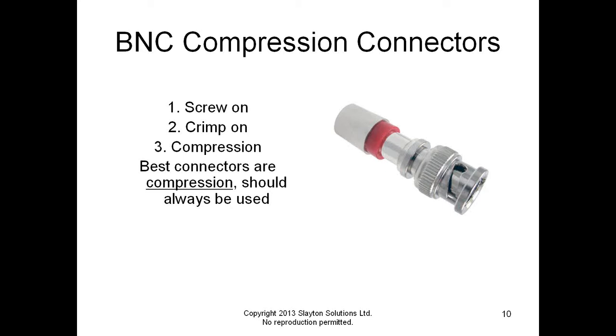They cost a couple of dollars a piece. But you know what? That connector is going to stay on forever and it's never going to give you a problem, whereas the inexpensive ones will. You are much better off putting on good connectors and saving yourself a service call that you would otherwise have to do when you're betting on some old connector that some guy installed 6 years ago.